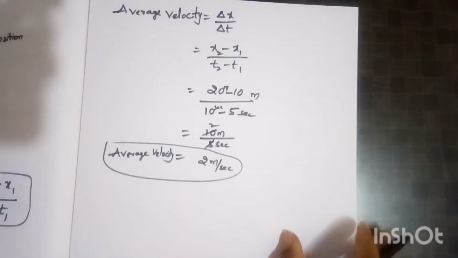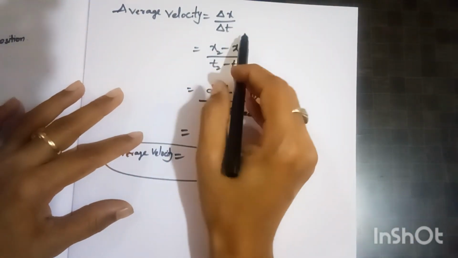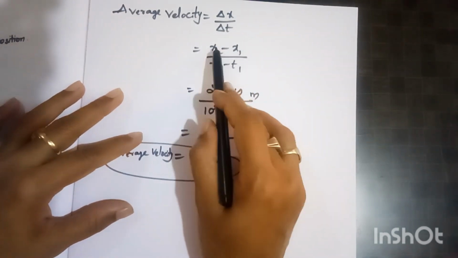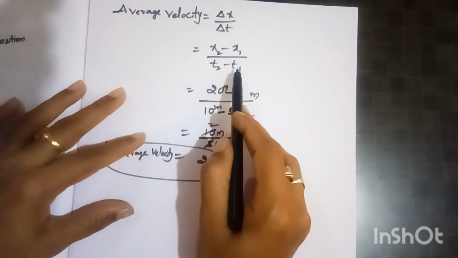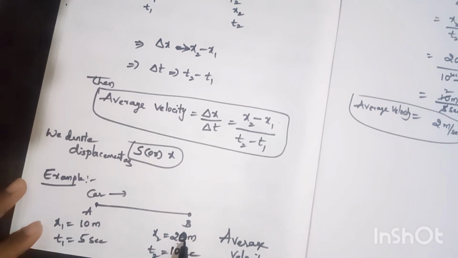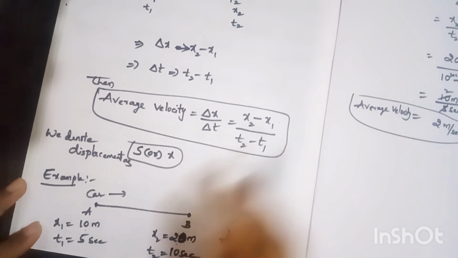I said that average velocity means change in displacement by change in time, which can be written as x2 minus x1, that is final displacement minus initial displacement, by final time minus initial time. Here final displacement is 20 and initial displacement is 10. Final time is 10 and initial time is 5.